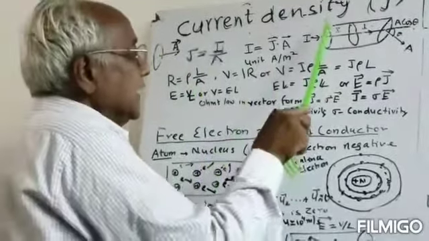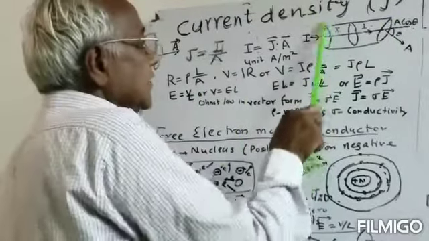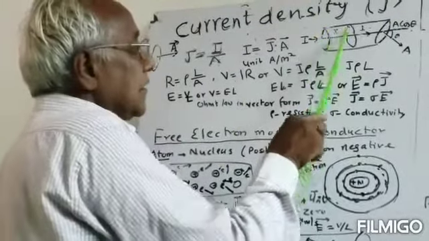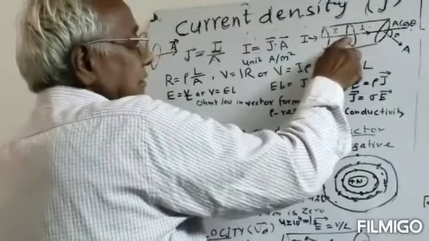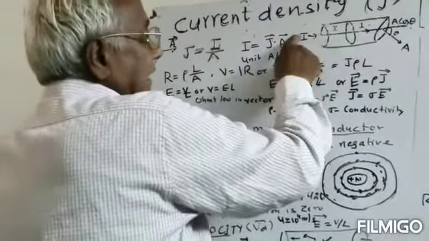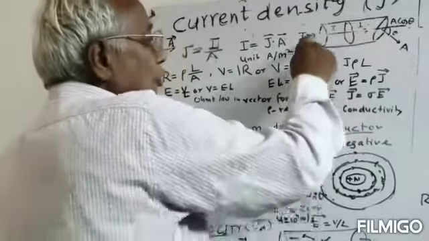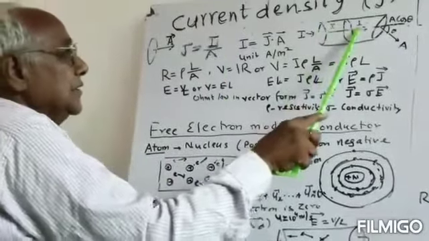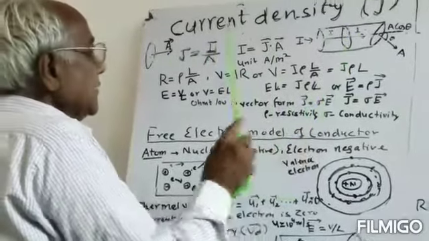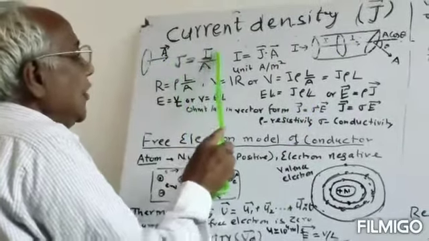If we take this conductor, this is the area of cross section, which is perpendicular to the current. The current is passing normally to this area of cross section. So the current density will be J equal to I divided by A.